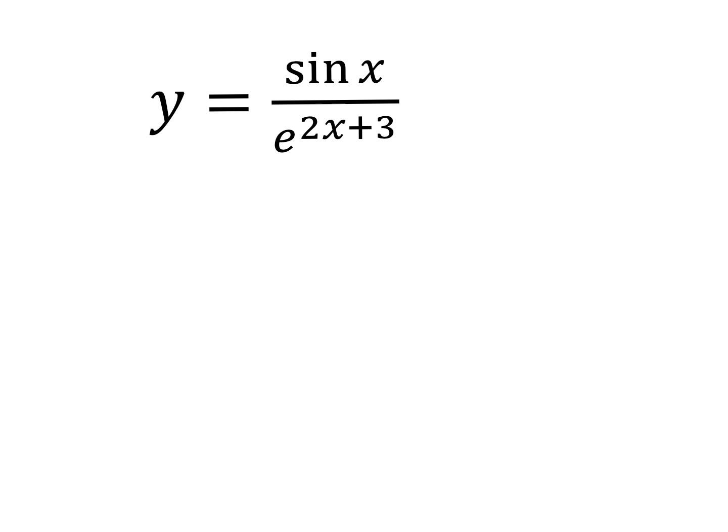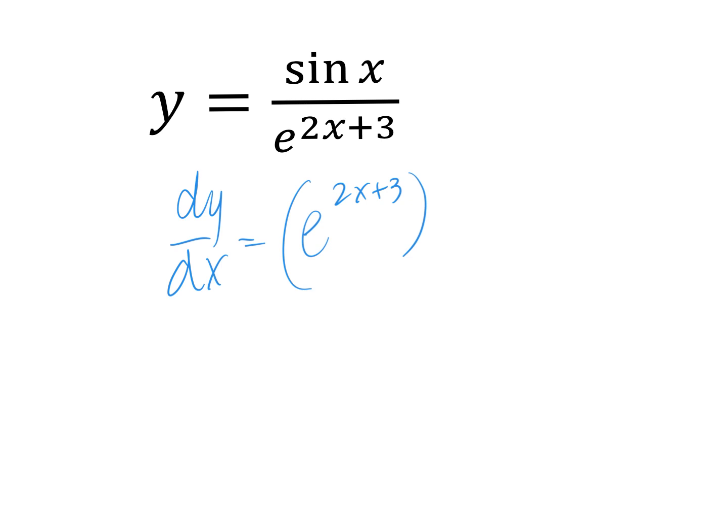Which rule are we doing? She said all of them. You're not wrong. We're going to go quotient rule, people. We got this. What is low? e to the 2x plus 3. That's my low. D high.